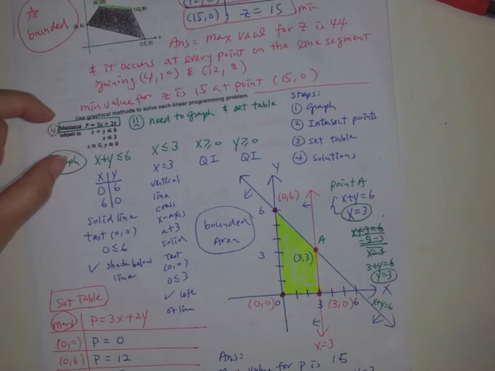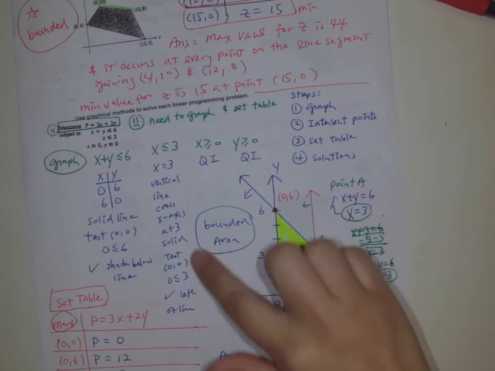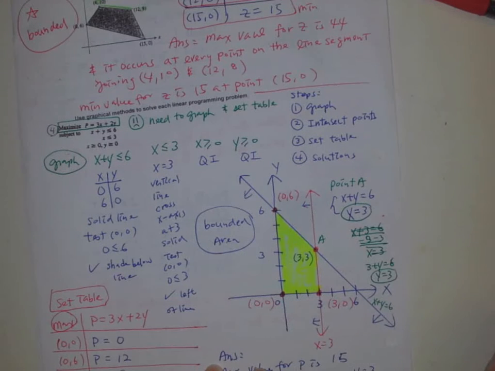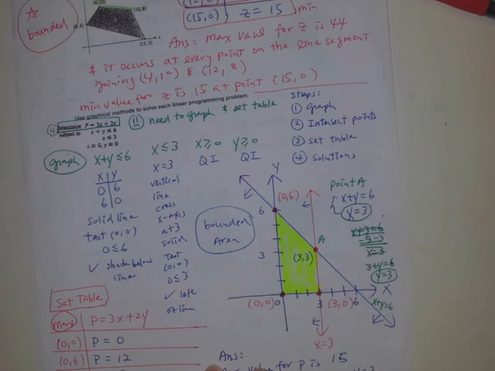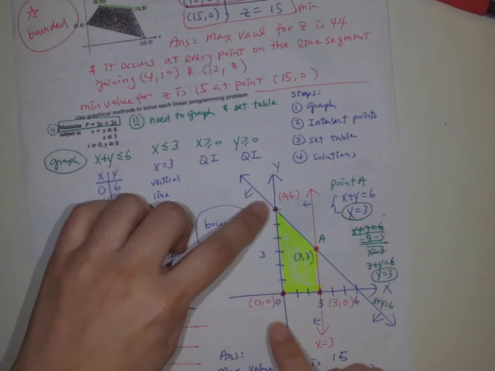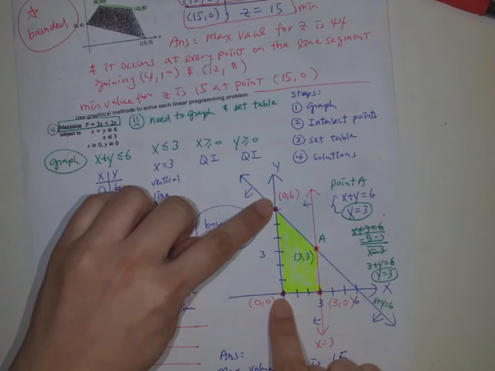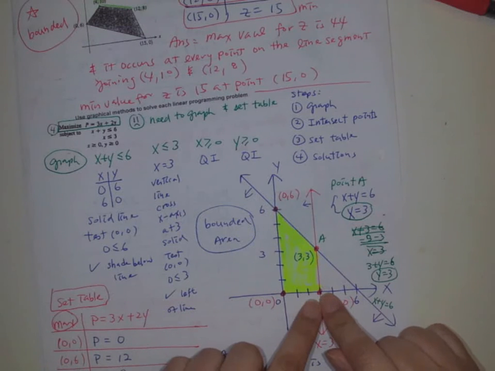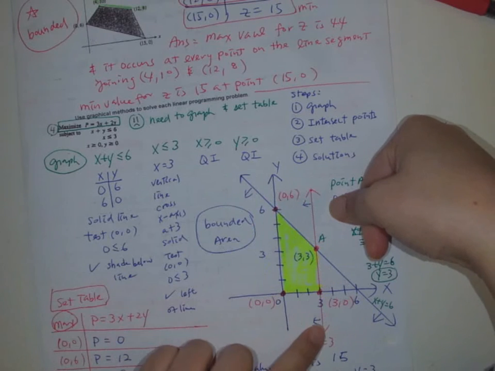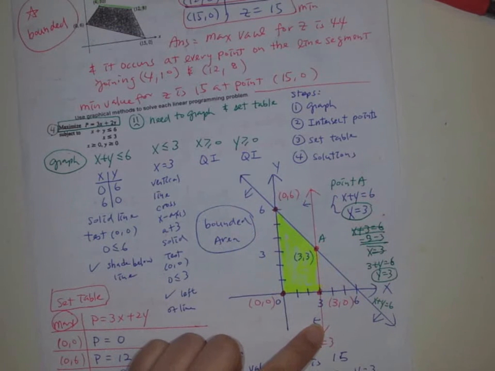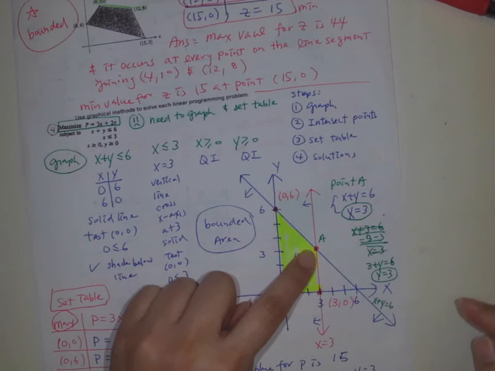So you will need to use this system and use what you learned from the last sections to graph it on your own, find the overlapping shaded area, and once you get that, find the vertices, the endpoints. These two points are pretty easy to find, and this point is also pretty obvious, but for this particular point you need to find the intersection of these two lines. So basically you're solving for the x and y values of these two lines.